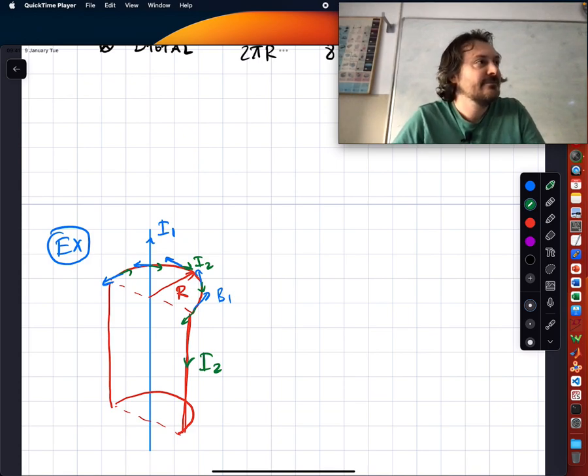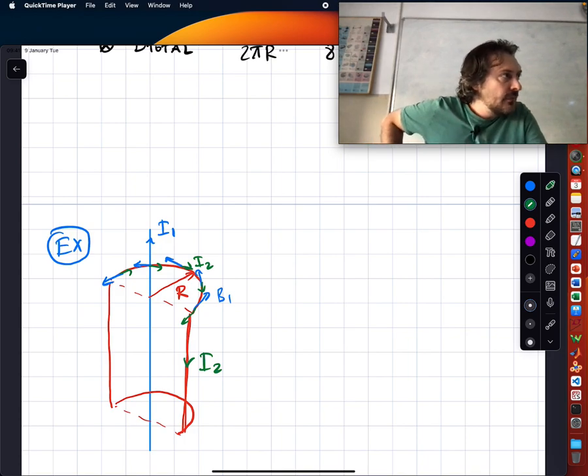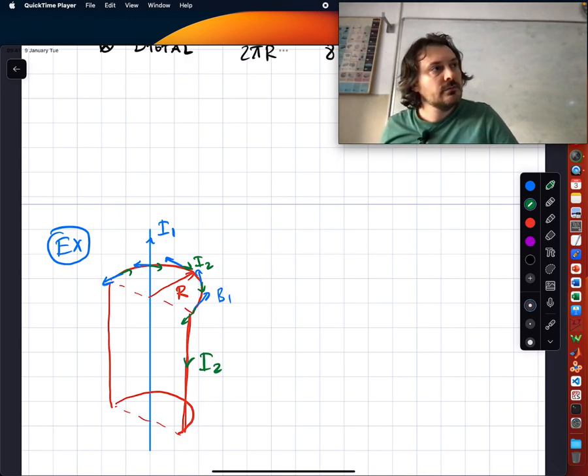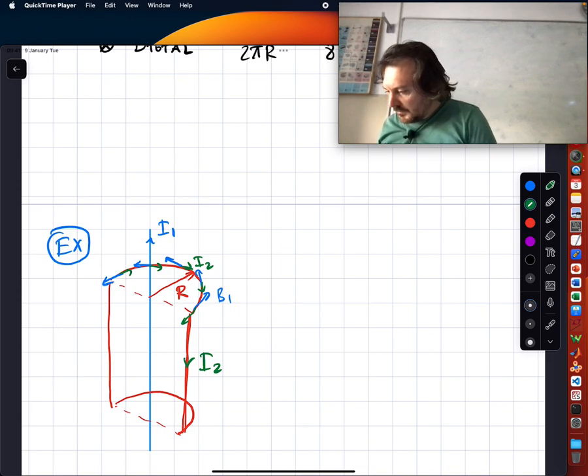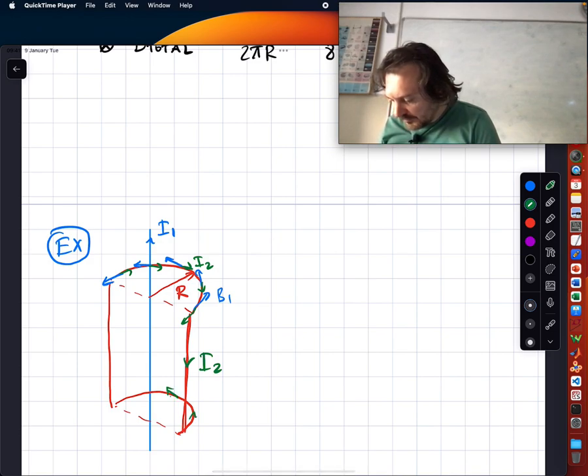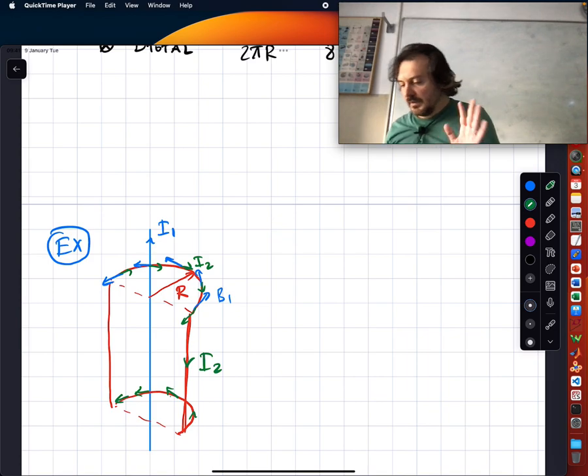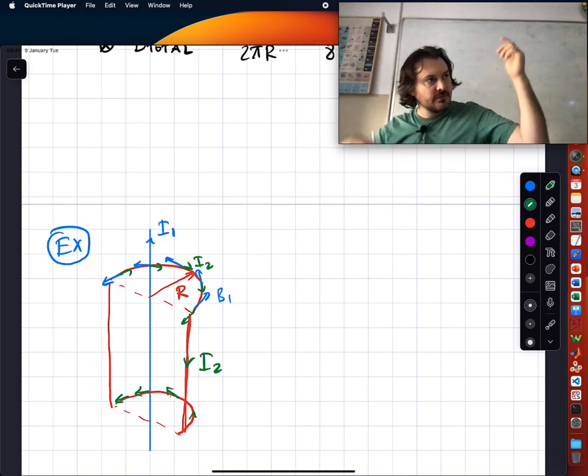Hence, it's 0, right? The angle between them is pi, and sine pi is 0. How about the bottom one? 0 again, very good. But this time the current is actually in the same direction. But 0 again, because sine 0 is 0 as well. Very good. So we are only actually interested in these two wires.